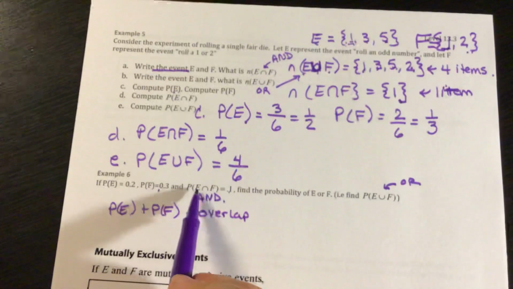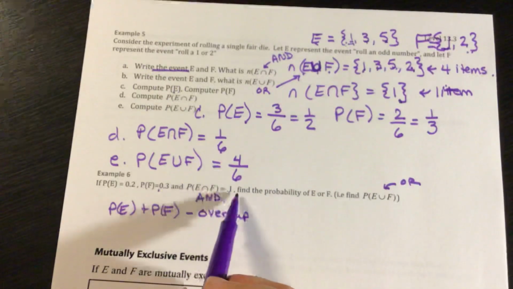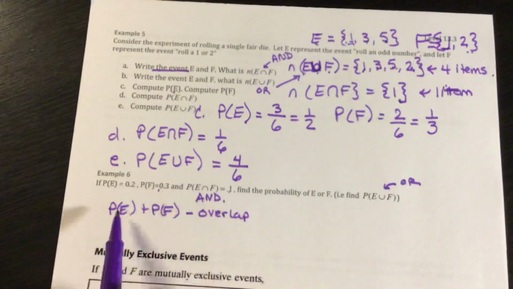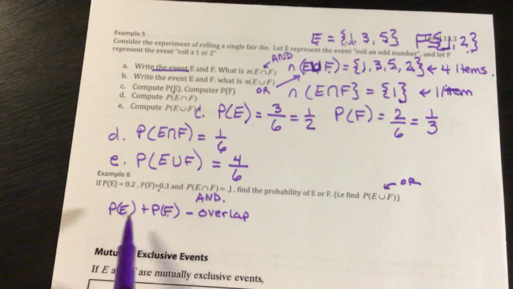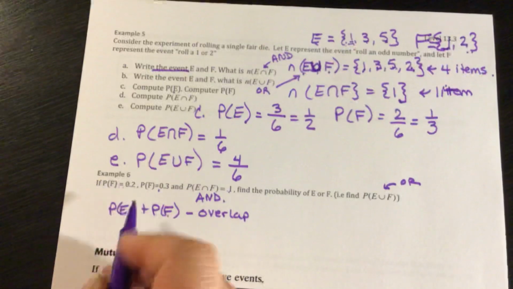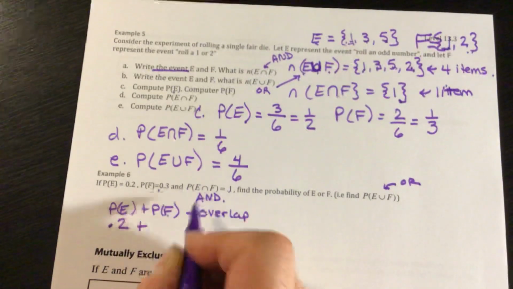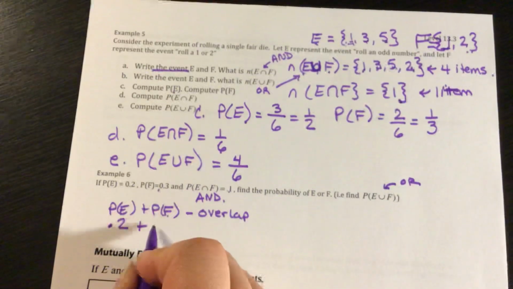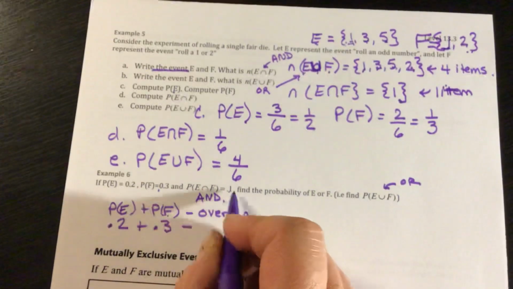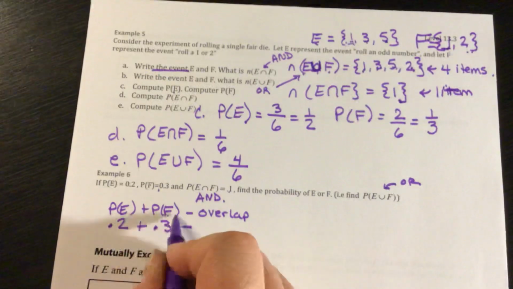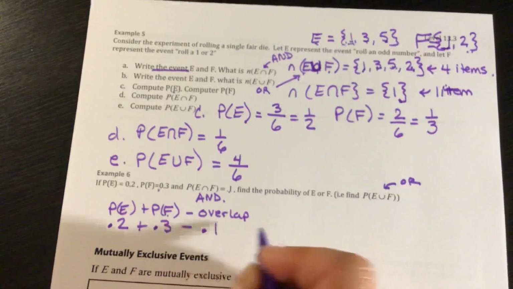Okay, so the probability that they're in both sets is 0.1. So I can't count them in both sets. I can only count them in one. So I have the probability of E is 0.2. The probability of F is 0.3 minus the probability that they're in both of them, which is 0.1.